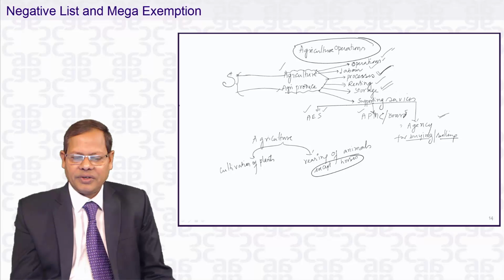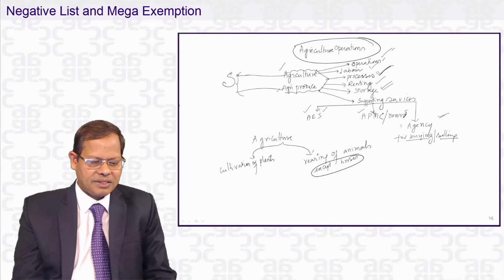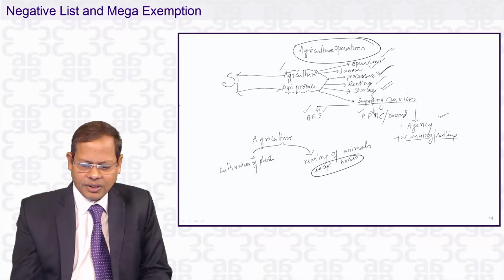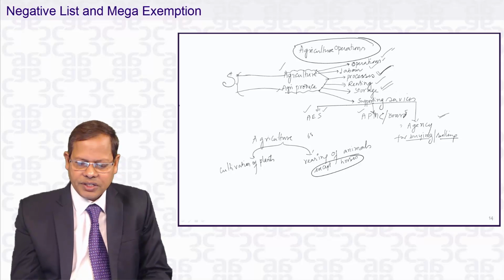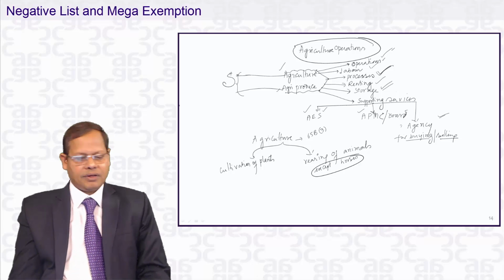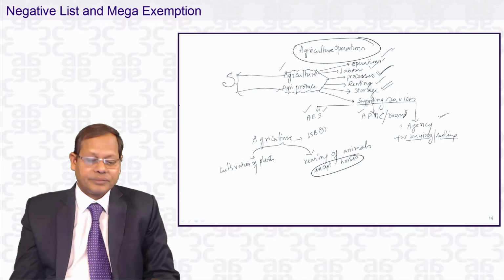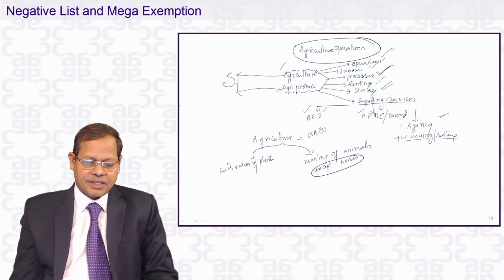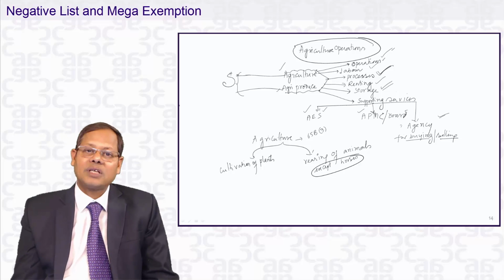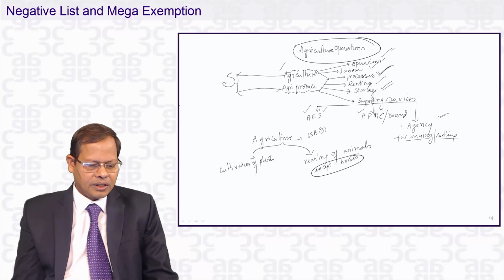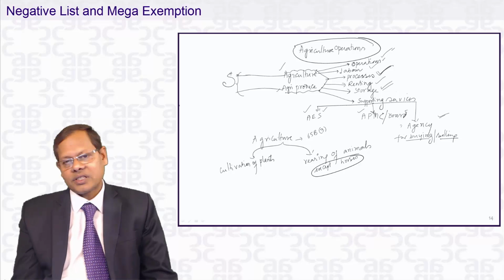Let me read out the definition. Agriculture under 65B. All definitions are under section 65B. Under section 65B, it is clause 3, which deals with agriculture. It simply says it means the cultivation of plants and rearing of life forms of animals, meaning living, except the rearing of horses.